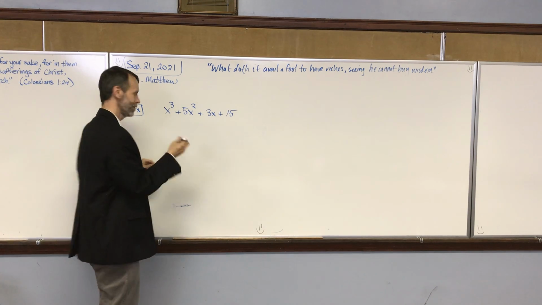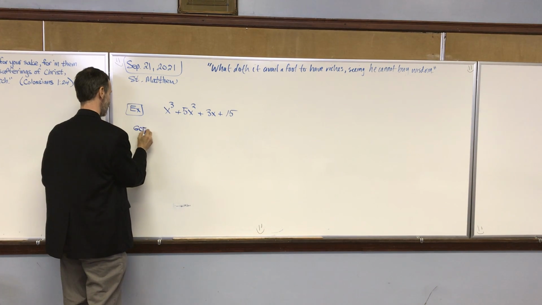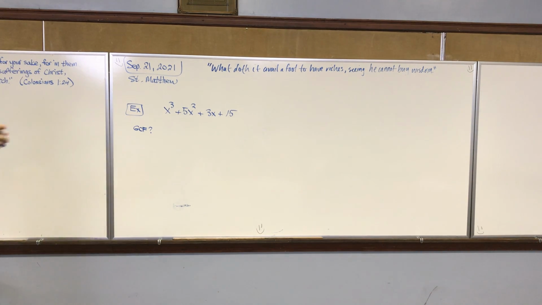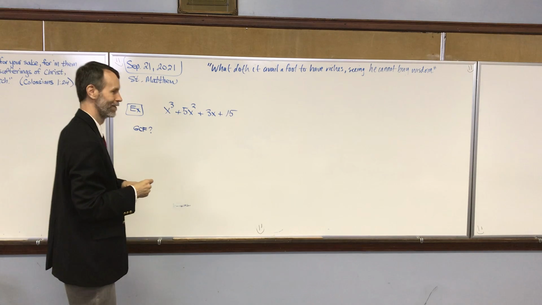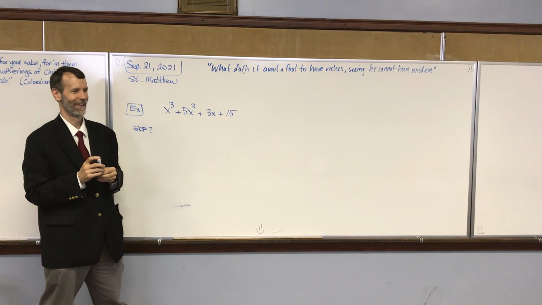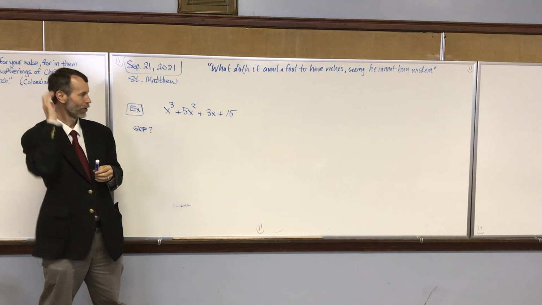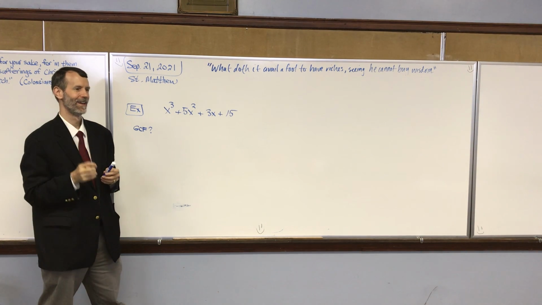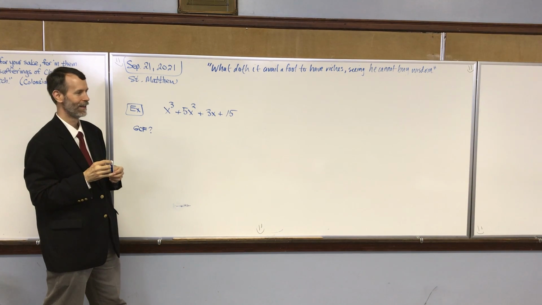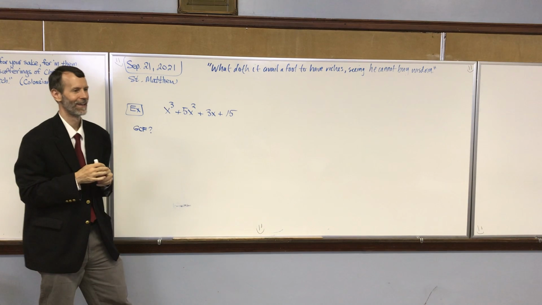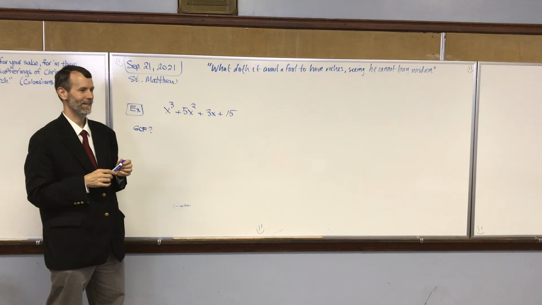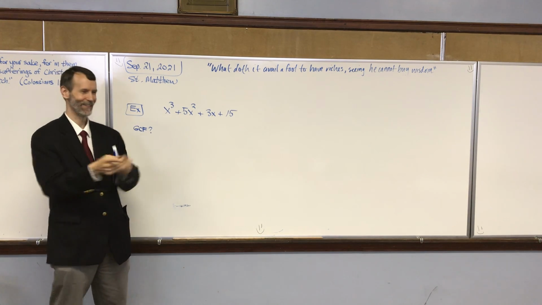Is there a GCF here? Is there a number that goes into all four of those at the same time? Like what? This one doesn't have an x on it. Good guess. 3 of them did. Correct. There is none.